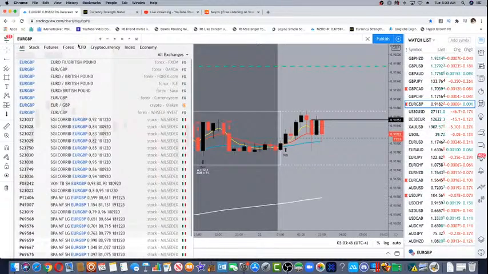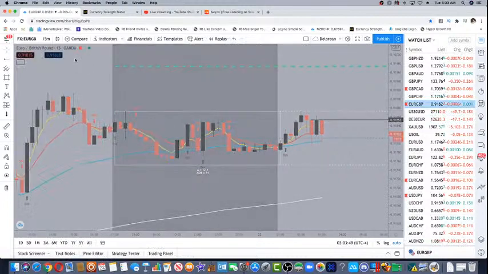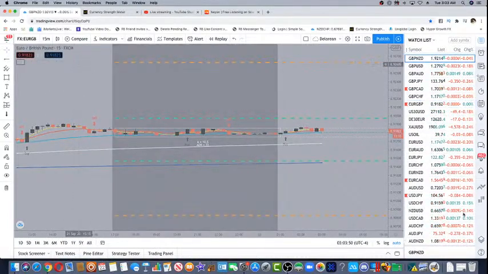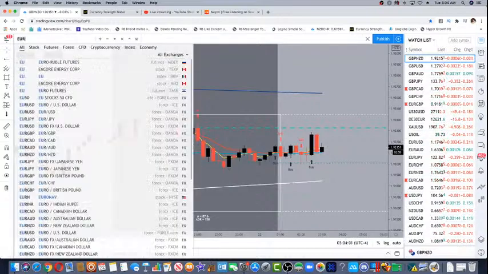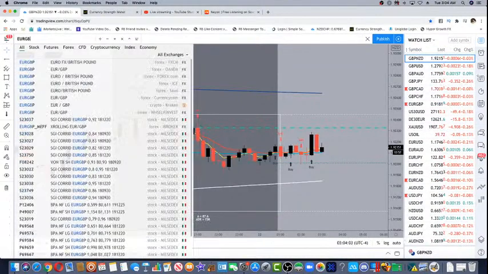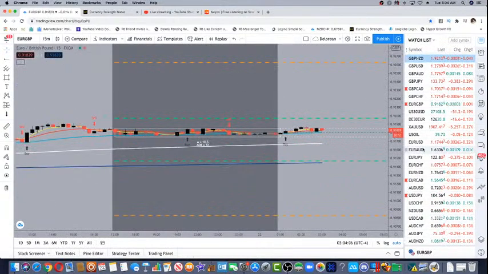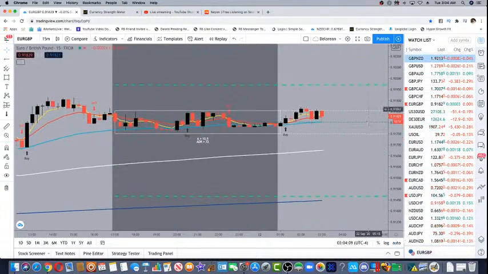I'll go back to the FXCM, because this is what's on our scanner, this is what the broker actually uses. I just like Oanda, but this is the one that it actually uses.